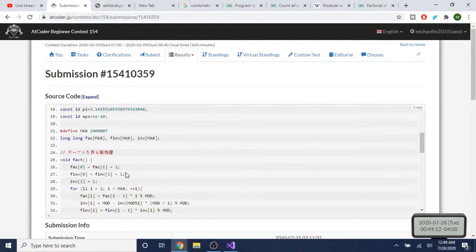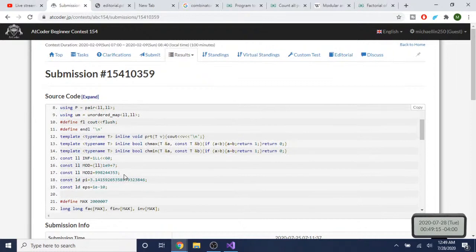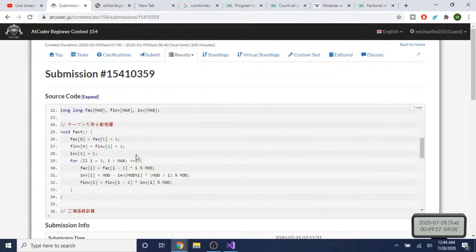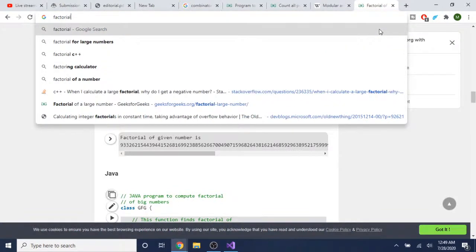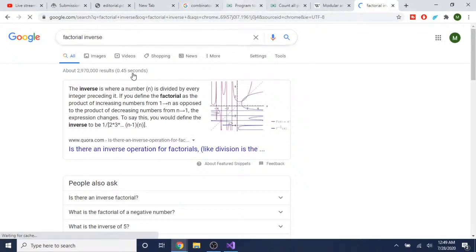This is beyond my understanding of math at this point. Beyond my understanding. Factorial inverse. I've never heard of this before.